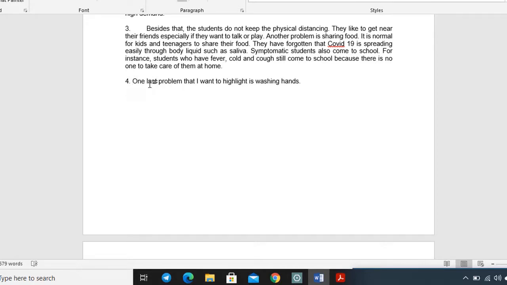Some of you refuse to wash your hands, isn't it? Okay, now this is the expand. Then you elaborate. Elaborate further about washing hands. Why is this a problem? Okay, some students are reluctant to wash their hands thoroughly using soap. Thoroughly, secara menyeluruh. Okay, so that's the meaning of thoroughly. Okay, what else?